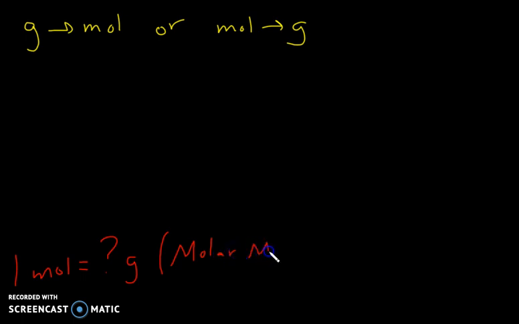This changes for every element, and like we talked about on the last video, you can find the molar mass on the periodic table. So if you need help finding molar mass, go ahead and click over to the molar mass video and watch that, because you'll need that skill before you can do these types of conversions.